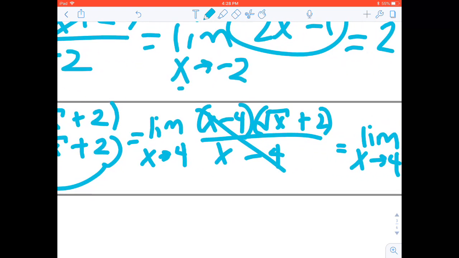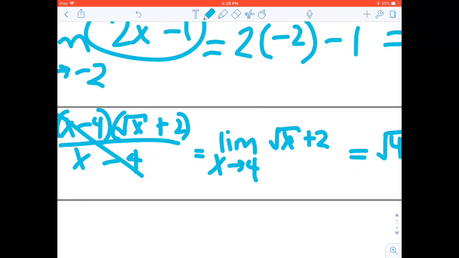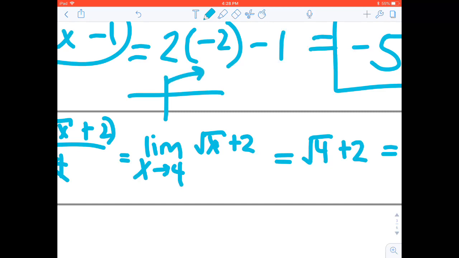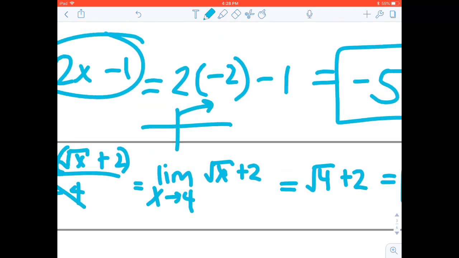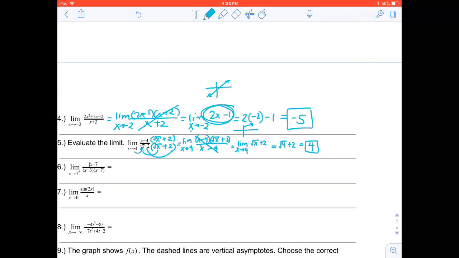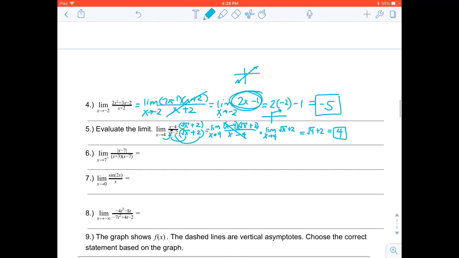So this is another situation where we had a hole and we had to cancel out that hole, and we're left with a function here. So this was a square root of x function moved up 2, and it has a hole in it. This one here was a line, 2x minus 1, so a line like this, and that line had a hole in it. So I want you to make sure you're thinking about what is it that I'm finding when you're doing these problems.